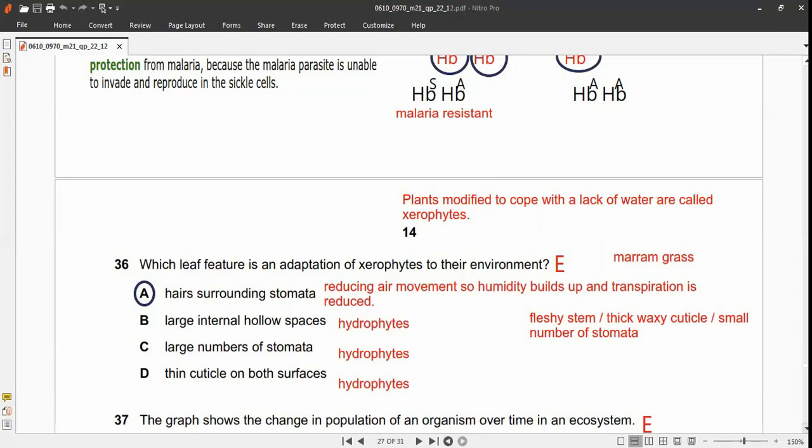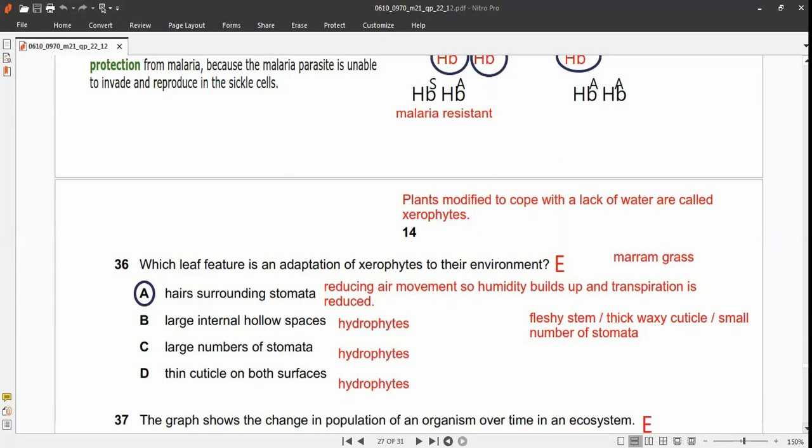Yes, hairs surrounding stomata reduce air movement so humidity builds up and transpiration is reduced. And also fleshy stem and thick wax cuticle, small number of stomata, yes.